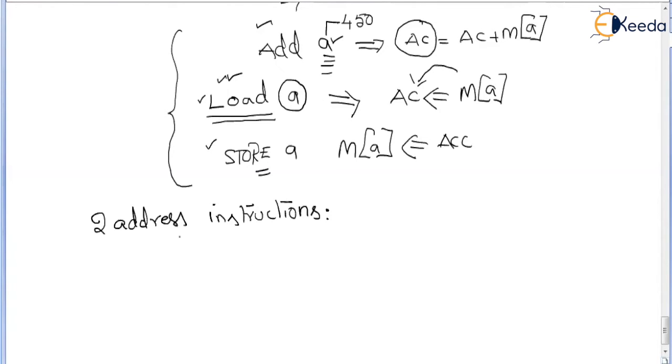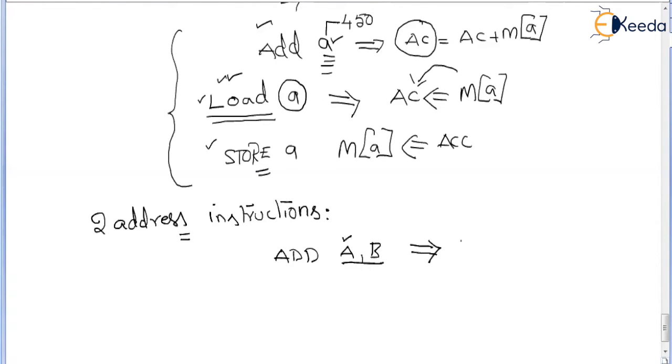Okay. In a two address instruction, one instruction contains two operands, such as add a comma b. What is add a comma b? Earlier, when we said add a, the second operand is always the accumulator. But here, we have both operands within the instruction. That is, when you say add a comma b, it implies an operation where a plus b will get added and finally will get stored in memory location a.